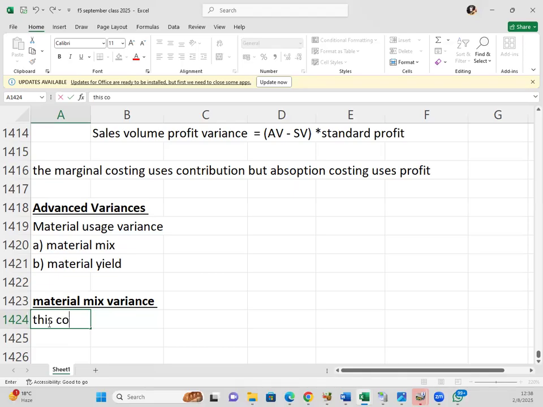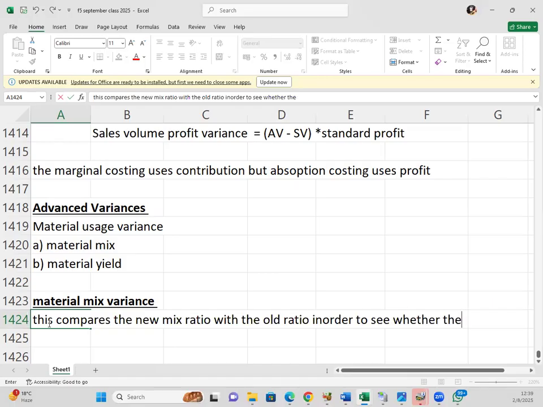So this compares the new mix ratio with the old ratio in order to see whether the new ratio is cheaper or more expensive.